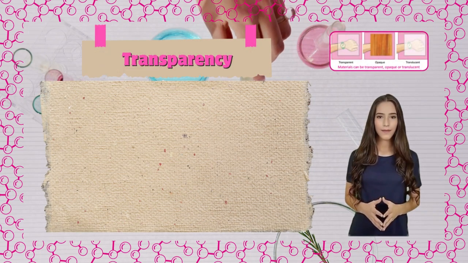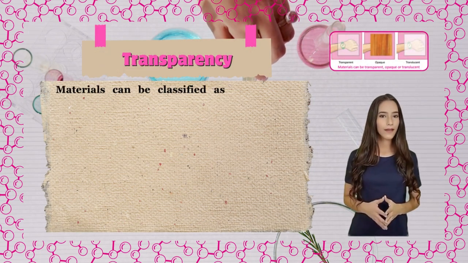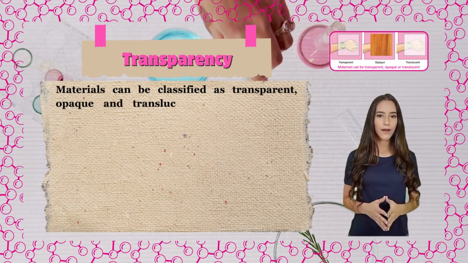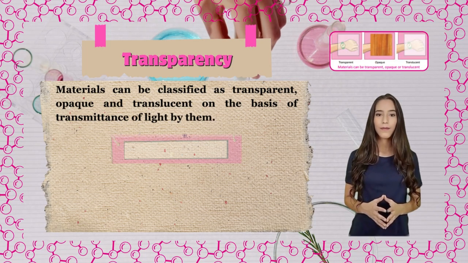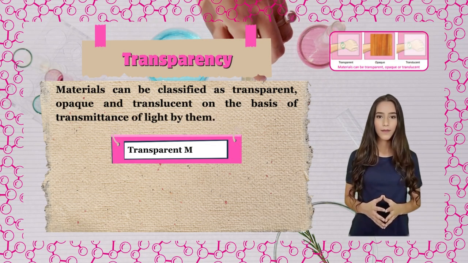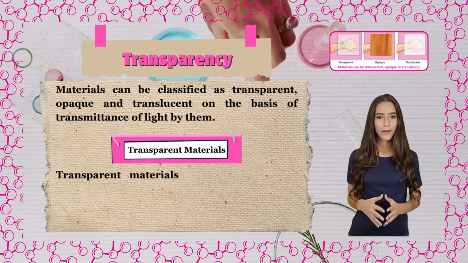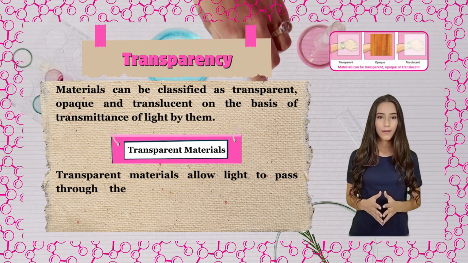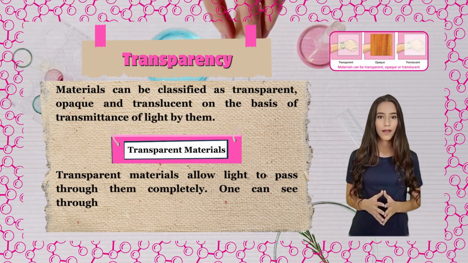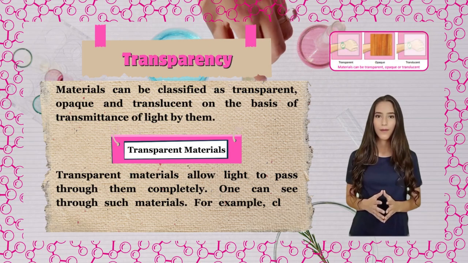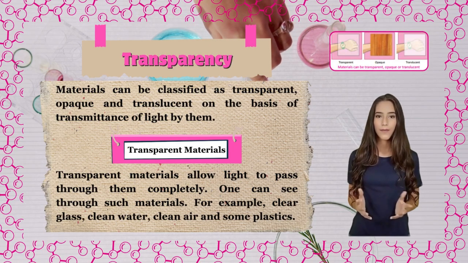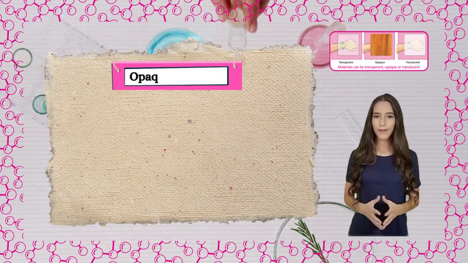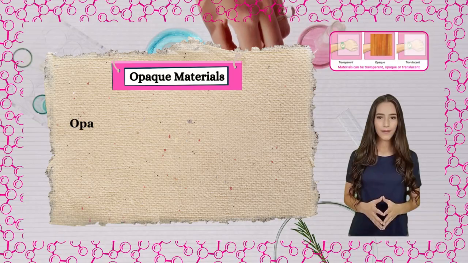Transparency. Materials can be classified as transparent, opaque, and translucent on the basis of transmittance of light by them. Transparent materials allow light to pass through them completely. One can see through such materials. For example, clear glass, clean water, clean air, and some plastics. Opaque materials.